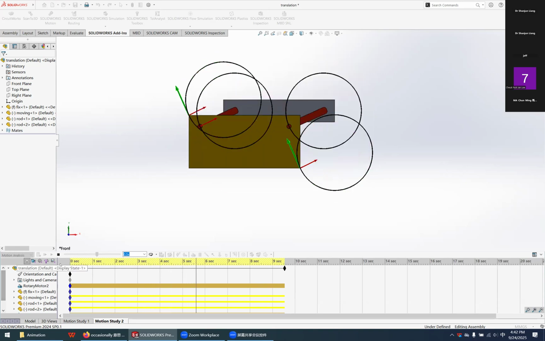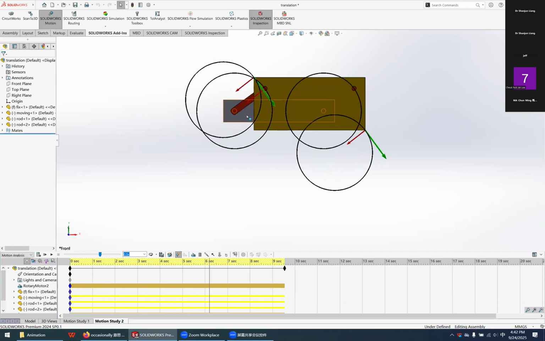We can see we have traced four particles here. We have traced this particle, this one and this corner, two corners of the board, right?